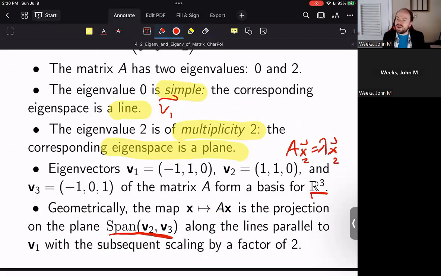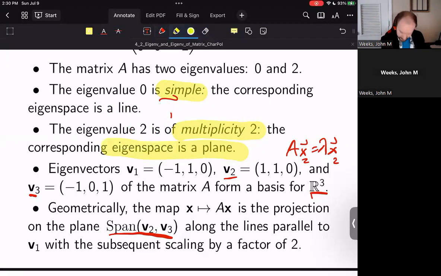The component of a vector in the direction of v1 is going to get pancaked into a particular plane. And that plane is going to be the one of the other vectors that were given here, v2 and v3. And what happens when you have a vector that's in the plane? Well, the component of a vector in the plane is going to get scaled by 2, thanks to it having an eigenvalue of 2.